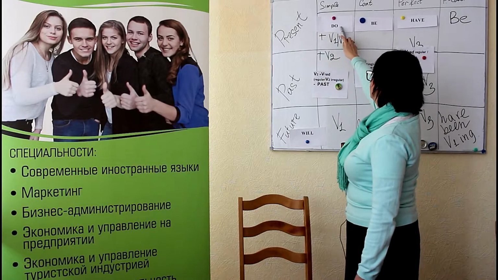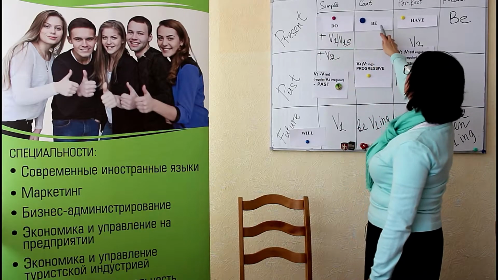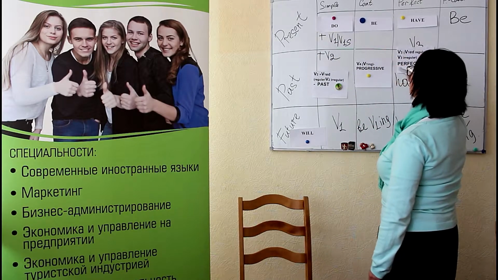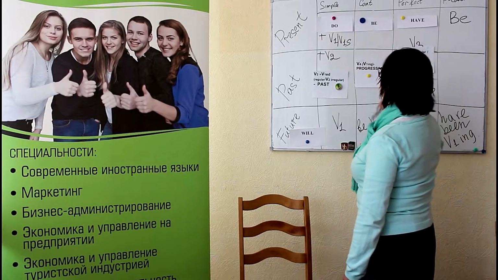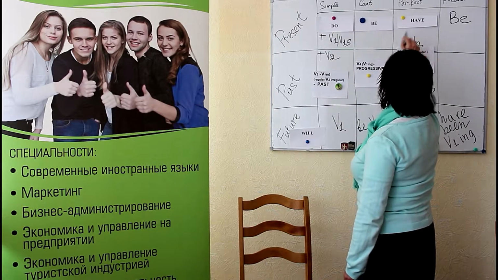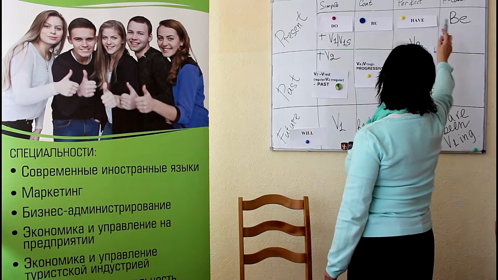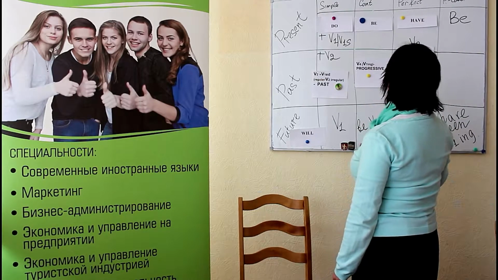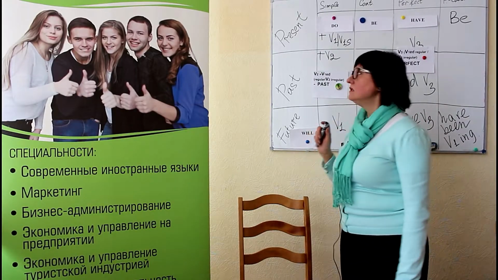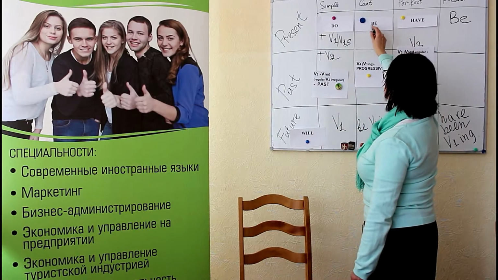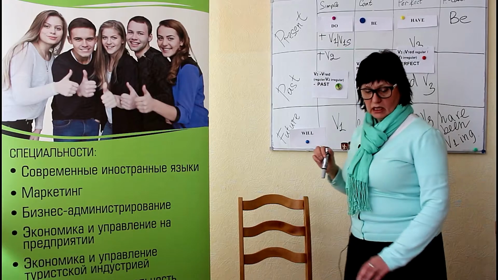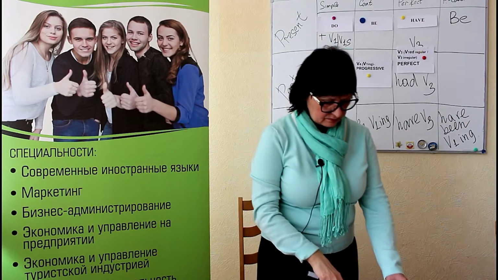We can say do for simple group, be for continuous aspect, have for perfect aspect, and perfect continuous is a very interesting case in English, and the auxiliary verb to be is used even there.